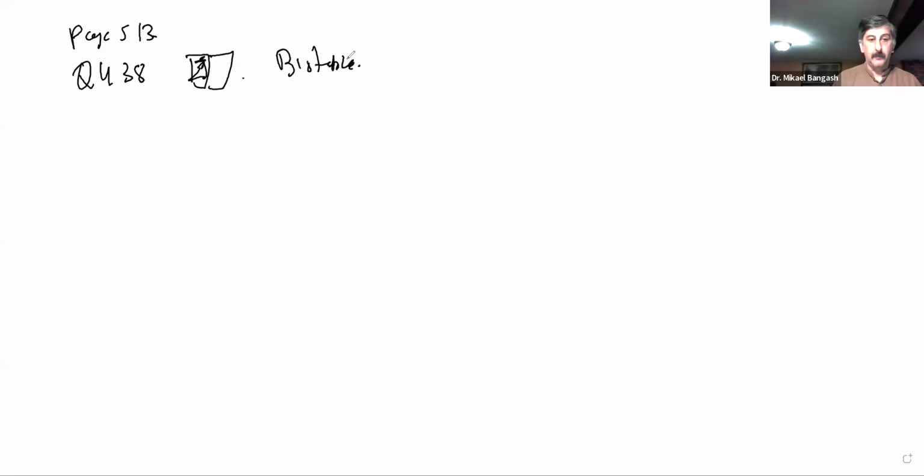Please keep in mind that bistable means only one bit, which gives you two shades or two colors, which in this case was only black and white.